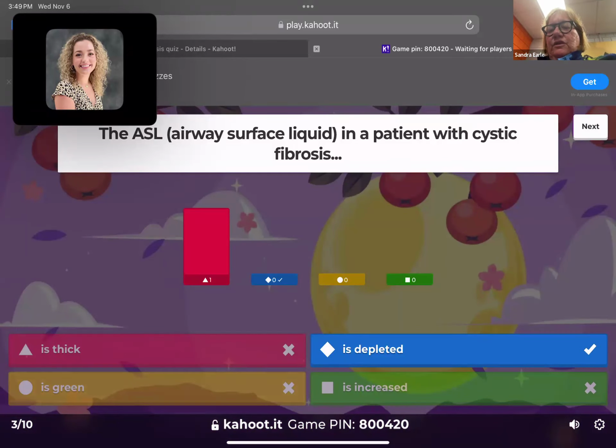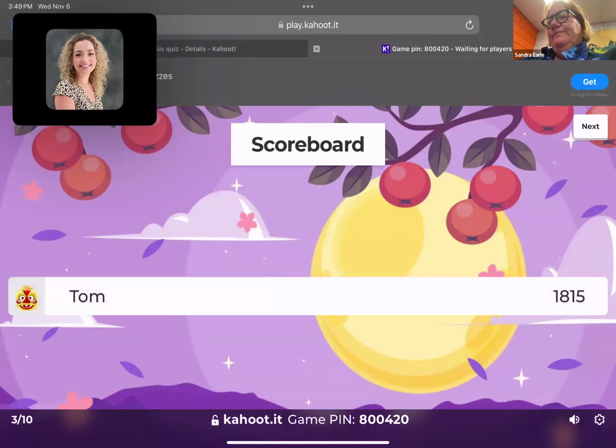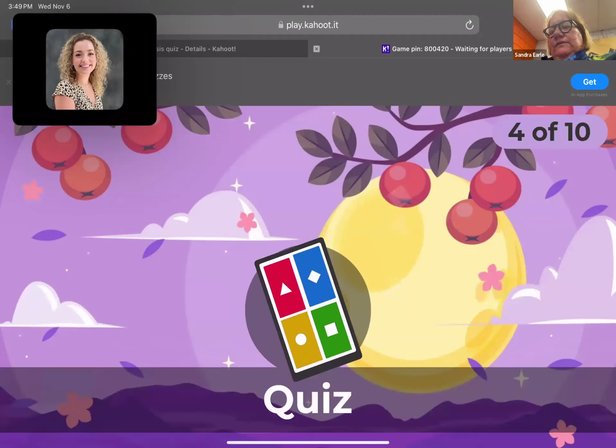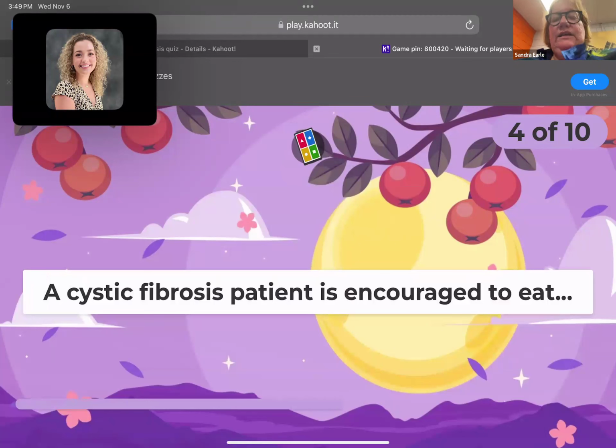It's actually all of them, not increased. It's thick, it's green, and it's depleted. So all three of these should be correct. And so that one, I need to fix that problem. But you understand that if you think of that picture showing how hypertonic saline works, and there's that little bit of airway surface liquid, and it's thick and it's green, it's icky, it doesn't work correctly.